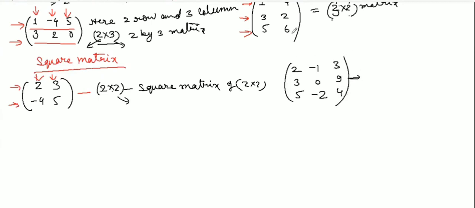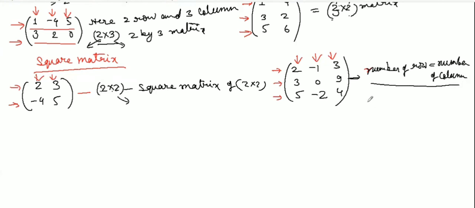As you can see, this is 3 rows and 3 columns. Rows and columns are the same. The number of rows is equal to the number of columns. It means this is a square matrix. So this is called a 3 by 3 square matrix.